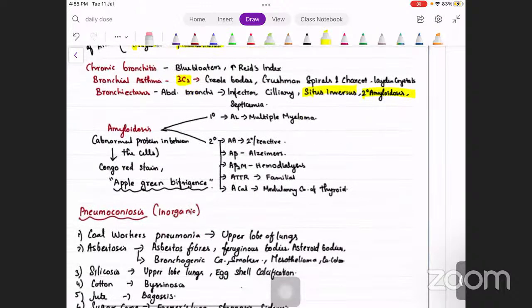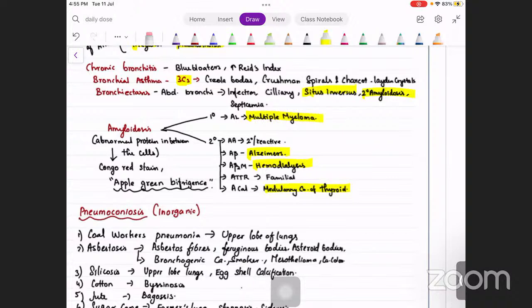Among that, A beta type is associated with Alzheimer's, ACal is associated with medullary carcinoma of thyroid, and A beta 2M is associated with hemodialysis, and AL type, which is primary, is associated with multiple myeloma.